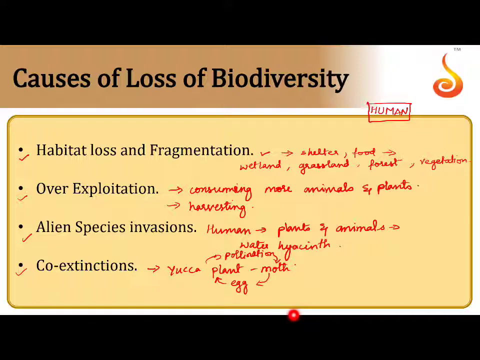Have you thought where the moth will lay its eggs? Nowhere. So moths are equally going to be dead. Or say if moths are completely wiped out, then there is no one to pollinate the yucca plant. So the yucca plant dies. Such a combination of co-extinction, we call it keystone species.